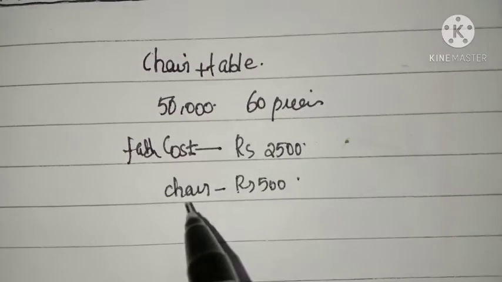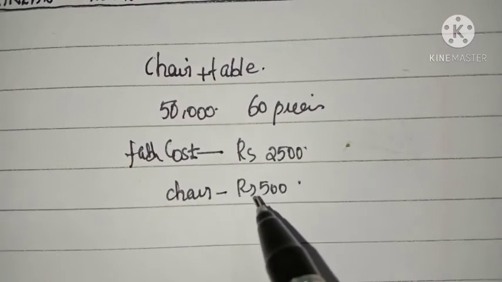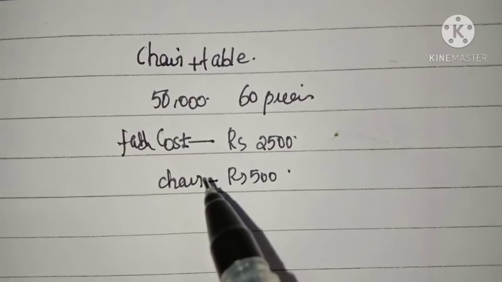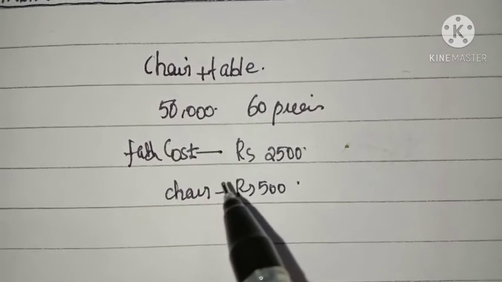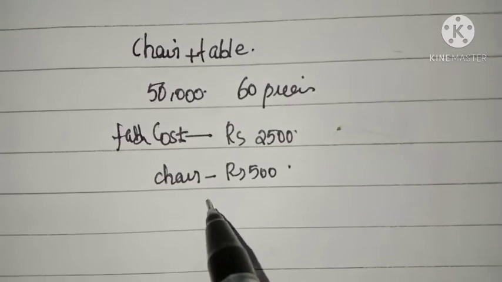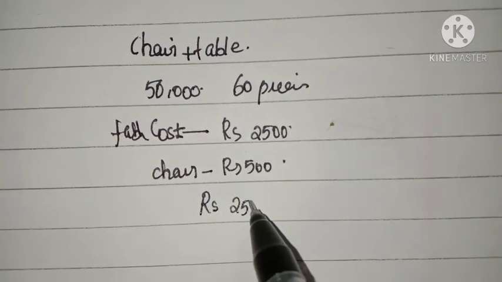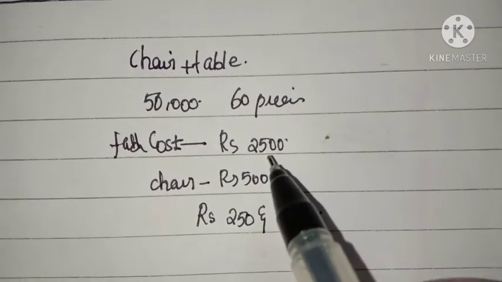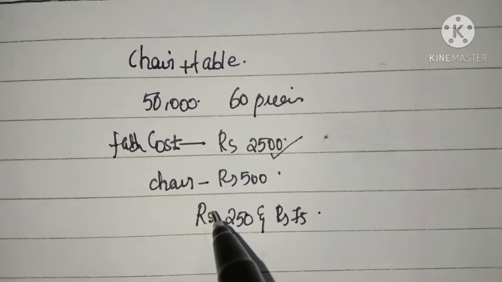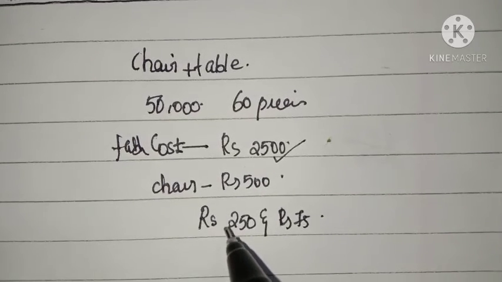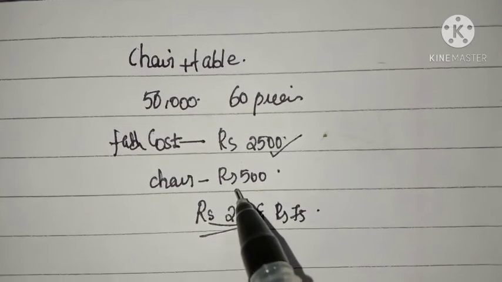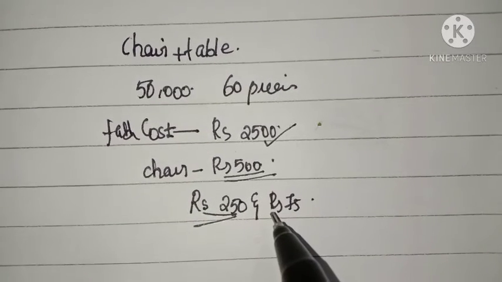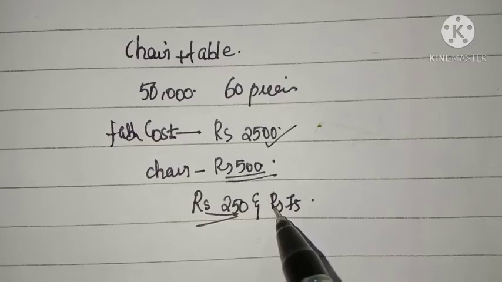So he estimates that from sale of one table or sale of one chair, he assumes that he can make a profit of rupees 250 and rupees 75. Okay, if he sells one table, he makes a profit of rupees 250. If he makes a sale of a chair, he makes a profit of rupees 75.